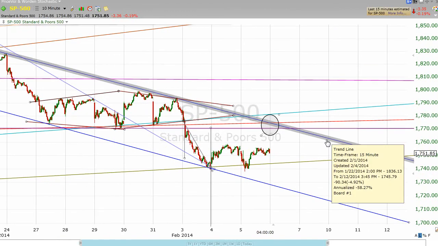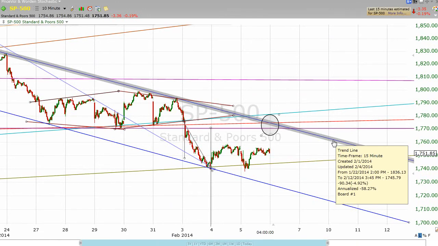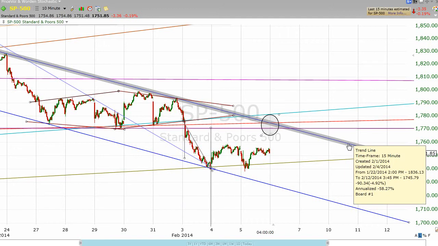I am still going to be using these parallel trend lines as the top, and in particular as the signal that at least for now this leg down has lost steam and is potentially going to reverse.